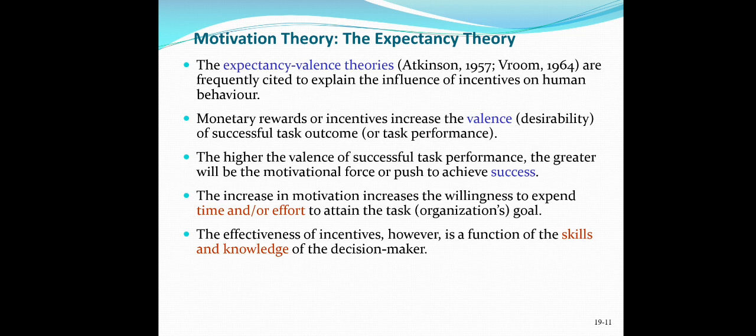So maybe this theory explains motivation. Let's see. The expectancy valence theories are frequently cited to explain the influence of incentives on human behavior. Remember this is a theory. Maybe it is correct, maybe it is not, but it is proposed as true by the person who made the theory.